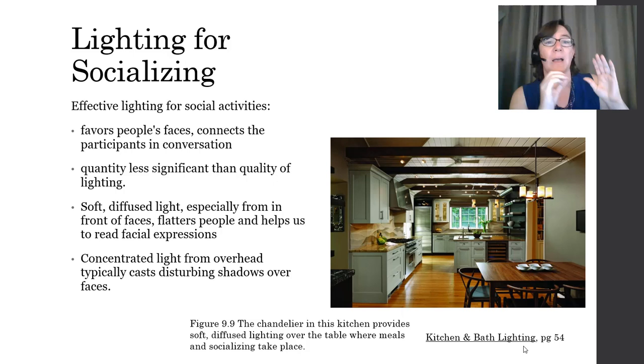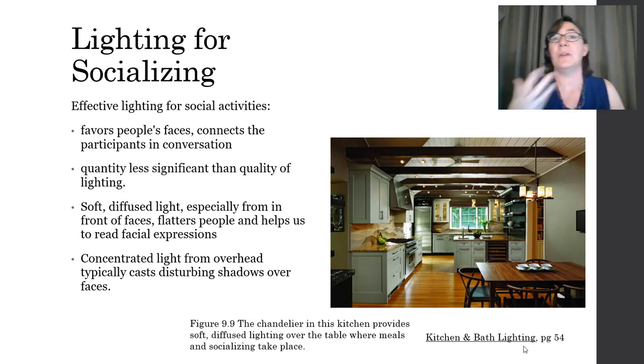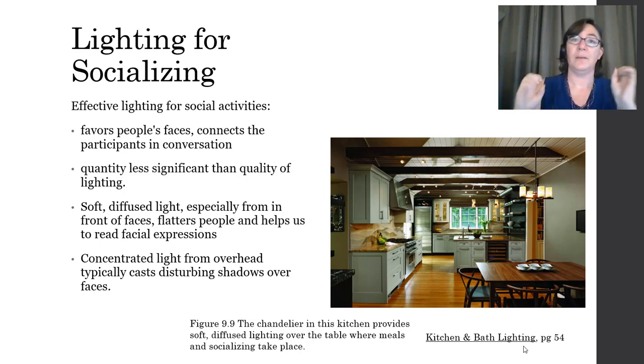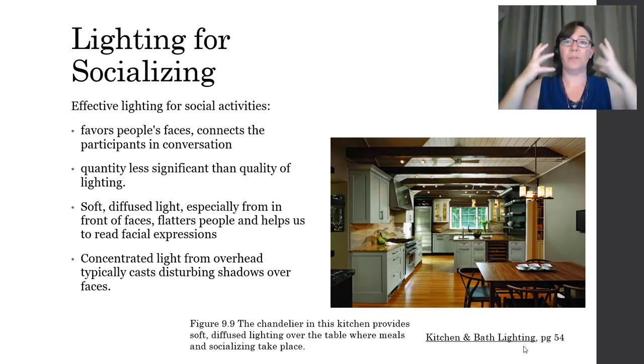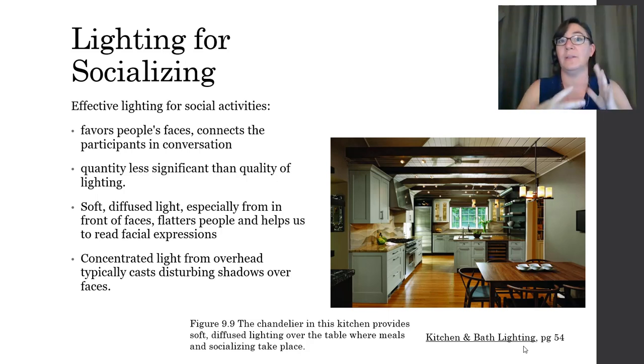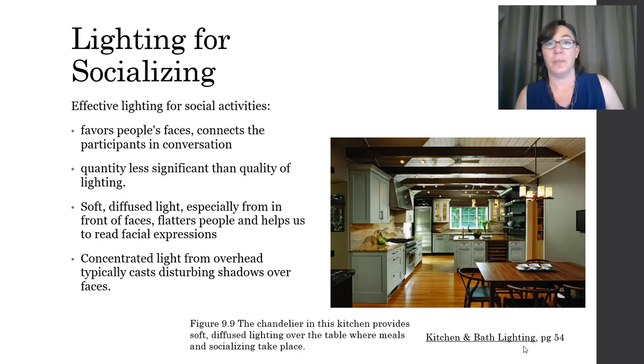It's important to provide quality of lighting rather than quantity. Right? It doesn't really matter that you have super bright light on someone's faces. It's more important to have soft, diffuse light, which flatters the people's faces and helps others read their expressions.